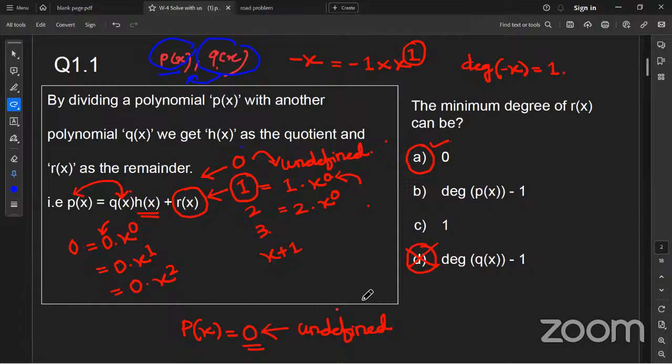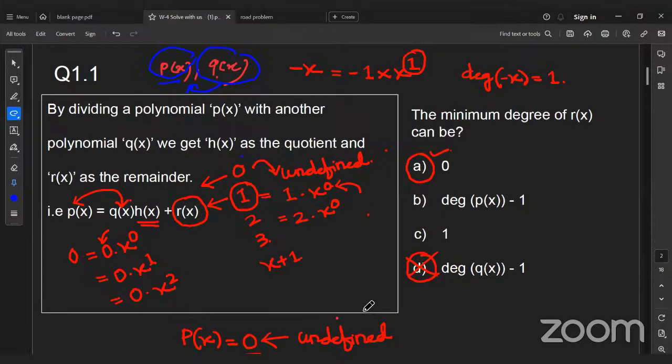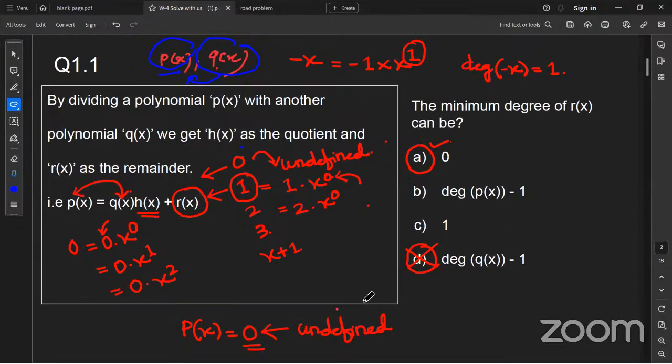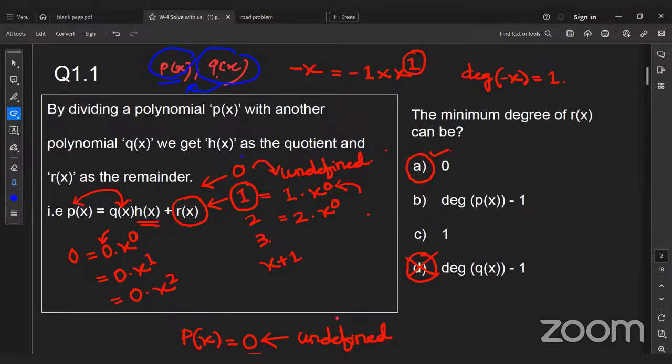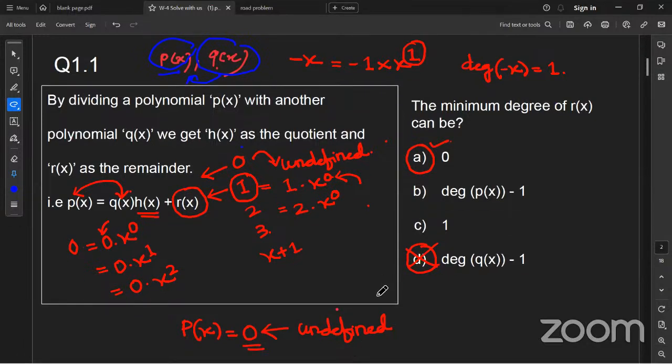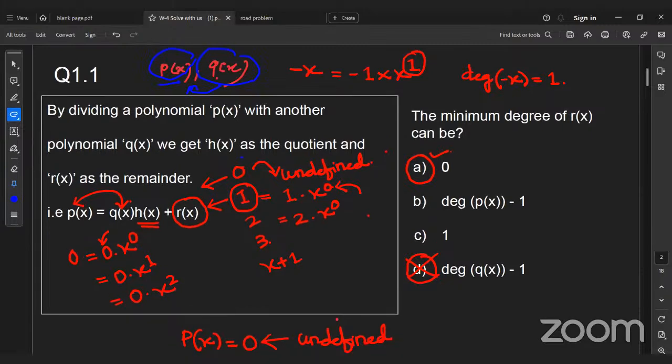Sir, it has not started. Not started, yes sir. Okay. Many of you are going to watch the recorded lecture as well, right? Yes sir, for references. It's okay, Vishnu. Sir, it started now. Thank you, sir.